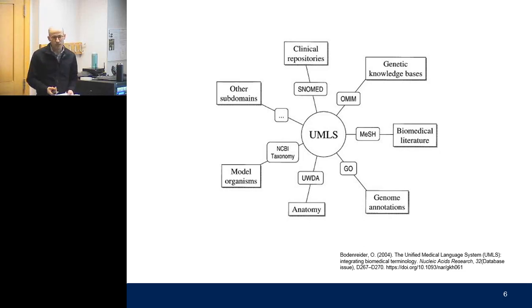It includes the Medical Subject Headings, which is the controlled vocabulary that is used to index PubMed and clinicaltrials.gov. It includes Gene Ontology, which you see in the bottom right corner there, for genome annotations, and several others around.